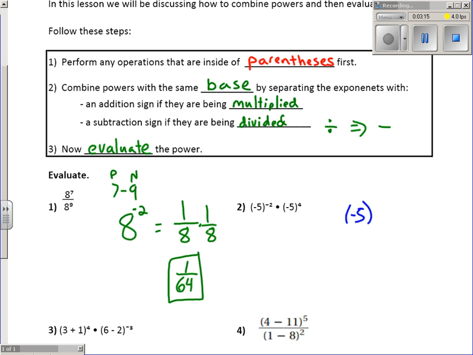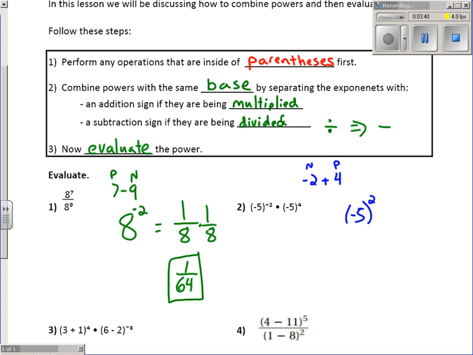So here our powers are being multiplied. So we separate them by an addition sign. That doesn't always mean we add, though. Like in this situation, -2, +4, even though I put that addition sign there, because they're different signs, I have to subtract. So the 2 is the answer for that. It's positive because our bigger number was positive.